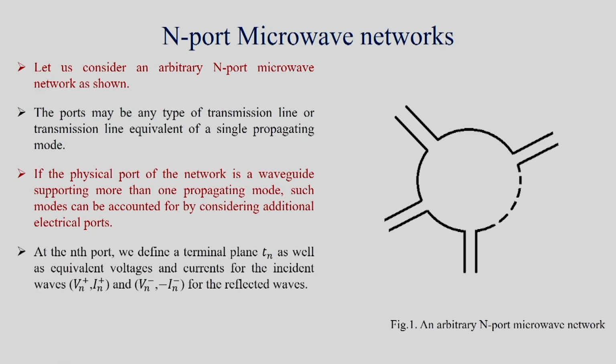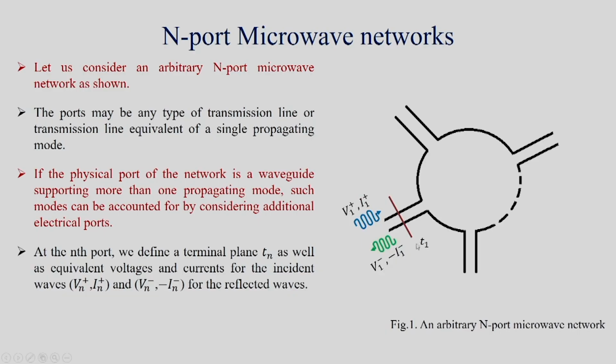Now, once we have the equivalent voltages and currents defined, at the nth port we define a terminal plane Tn. For example, this is the T1 terminal plane, and also the equivalent voltage and currents for both incident and reflected waves.